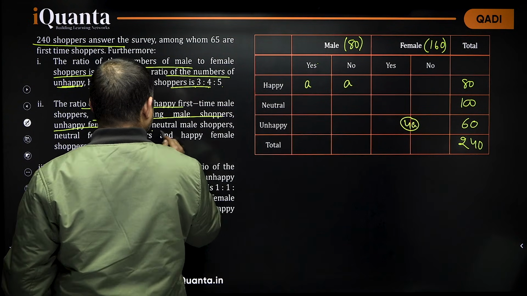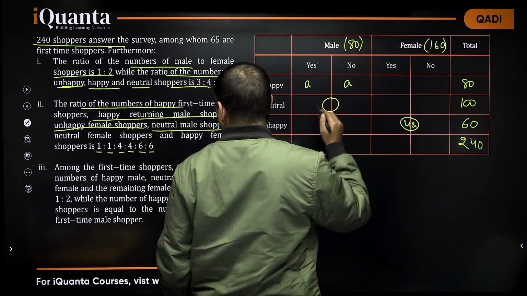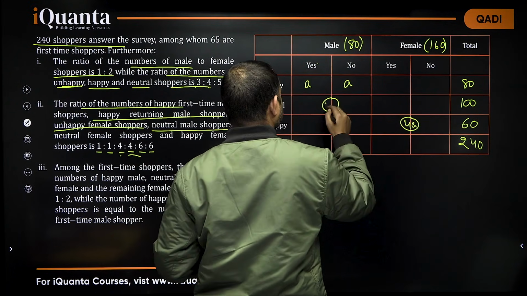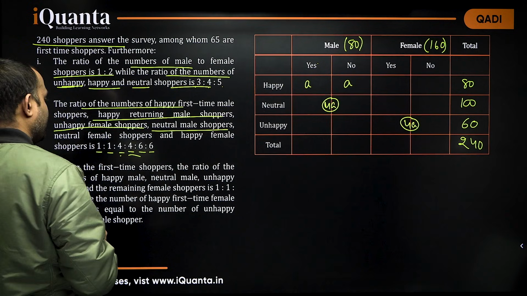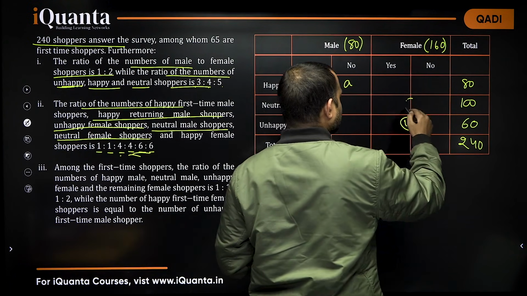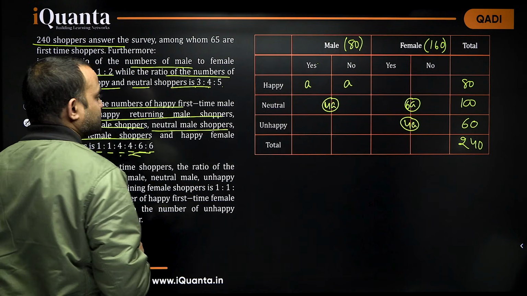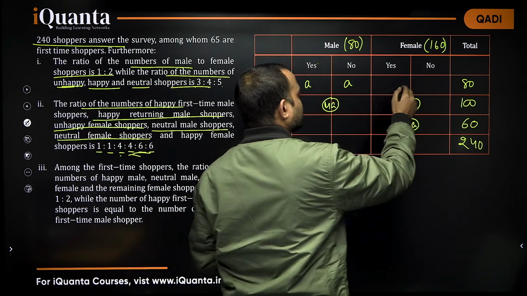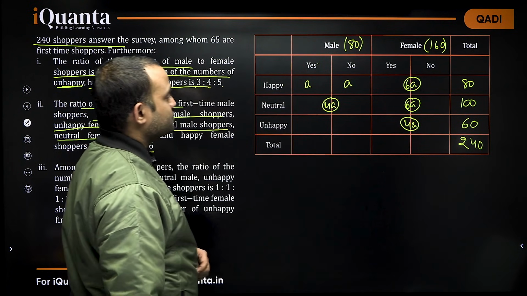Then neutral male shoppers, this is also 4A. Okay. Then we have neutral female shoppers, that will be 6A. And happy female shoppers, that is also 6A. All right. So what do we know?